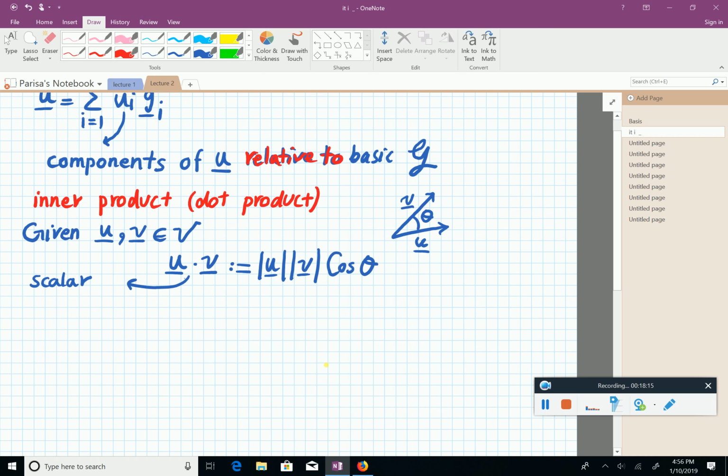So let's consider a basis. And pay attention that I'm going now to use slightly different notations here. Before I used G1 through Gn, now I'm using some funny looking elements with a hat on.